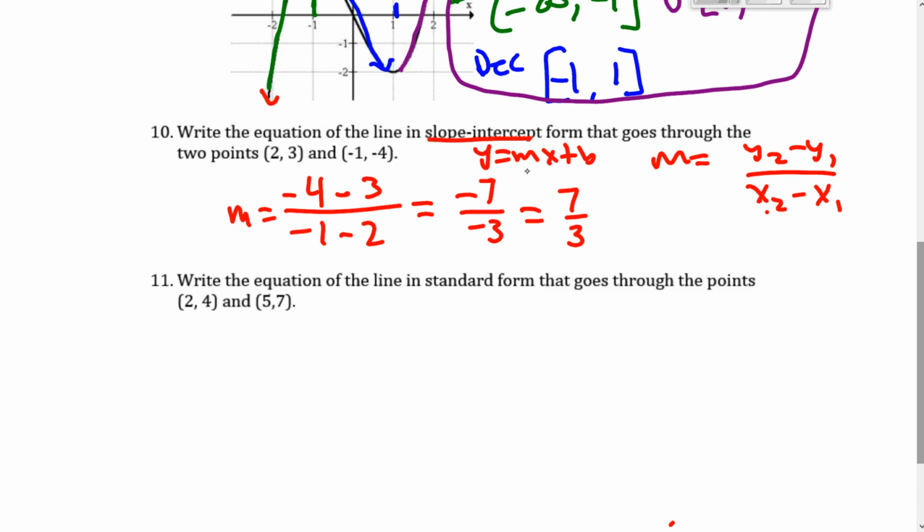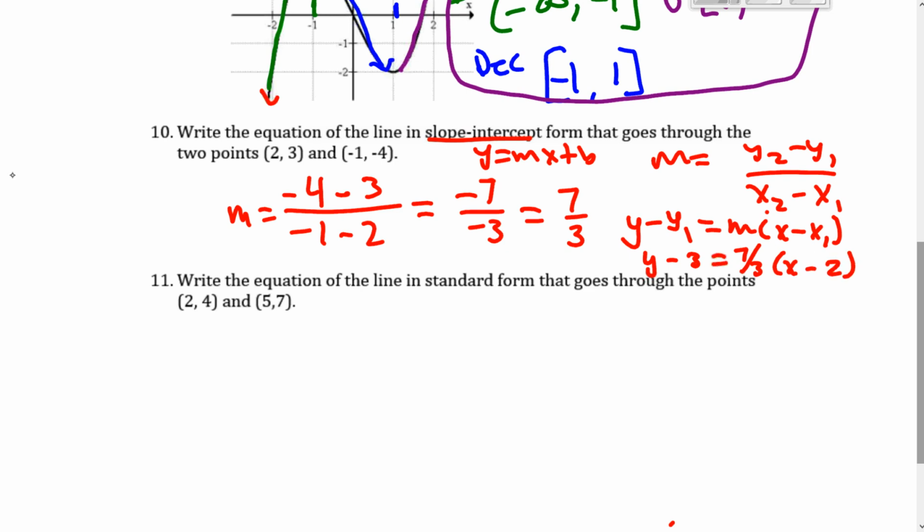Now I can write y-intercept form. I could put it in point slope form first, and then convert it to y equals mx plus b. So that's y minus my y value. I can choose any point I want to. My slope times x minus my x value. So I can do y minus 3. If I do -3, that means when I come over here for my x, I do -2.